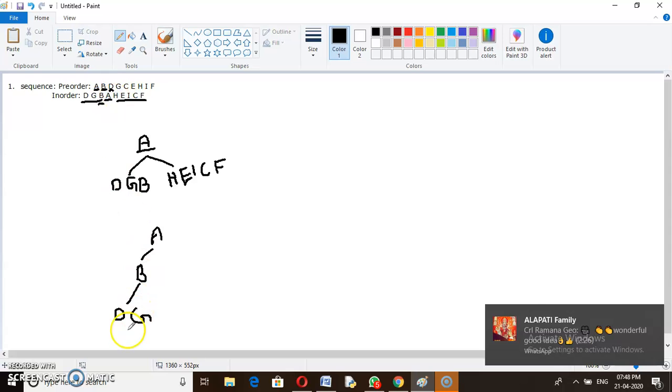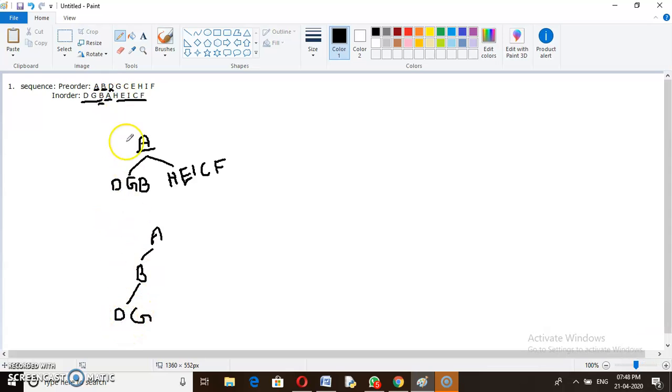So D is the root node of that. And check within the in-order. Here D is there and G is at the right of D. There is no left value for D and there is only one right value, that is G. So for the D node, the right value is G.